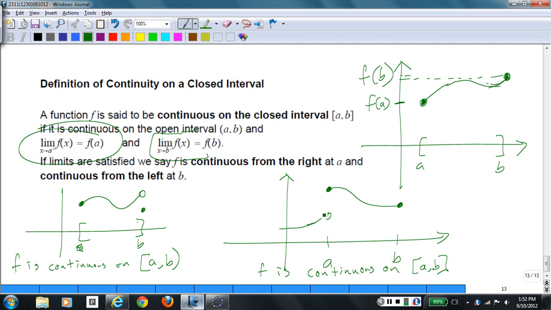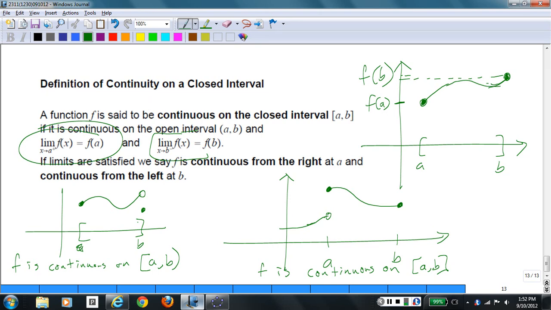Well, I guess I'm trying to draw this so that it fails to be continuous just as badly as possible. Maybe I could have gone with the vertical asymptote, but this is kind of a classic example of a function that fails to be continuous at A. It just misses it by this much.